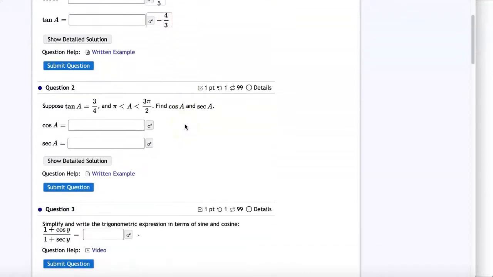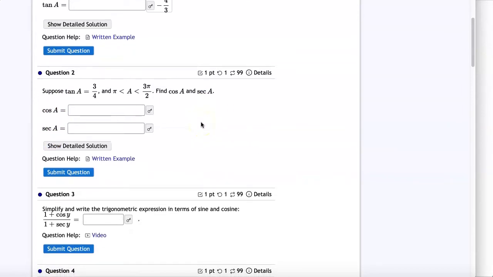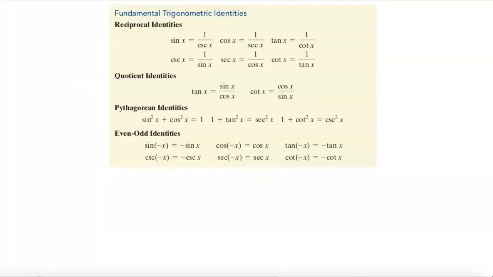Now moving down here, we have tangent provided to us, and we need to find cosine and secant. So what we want to do is think about what sort of identity is going to give us a tangent squared. Tangent squared plus 1 is equal to secant squared.